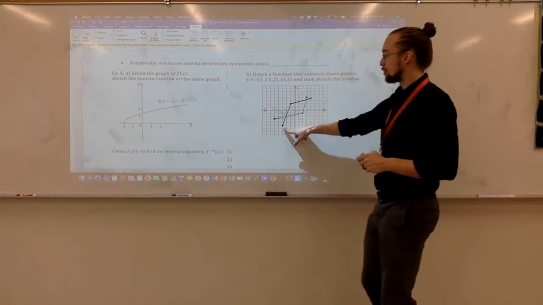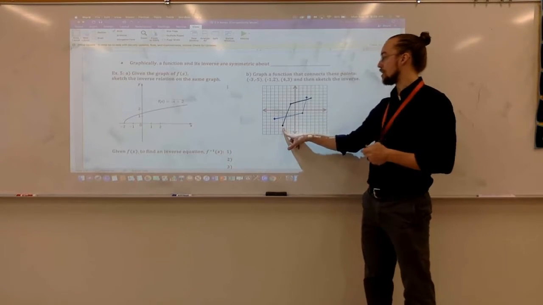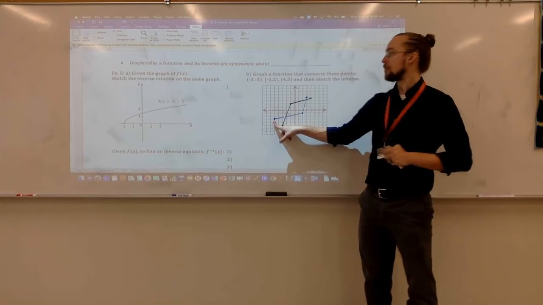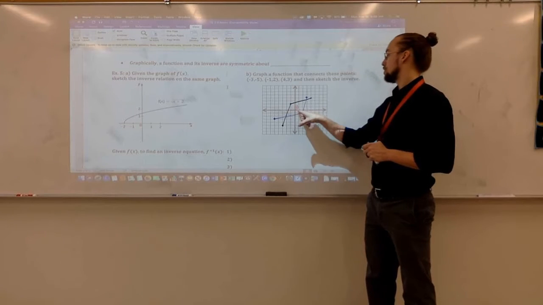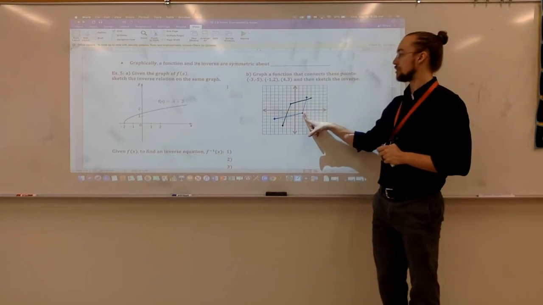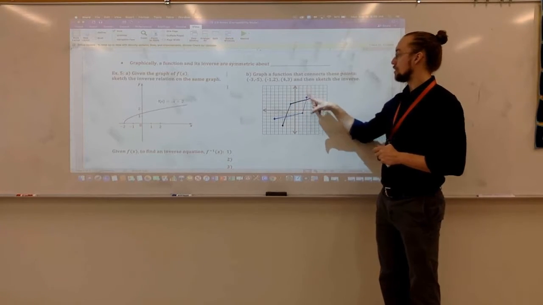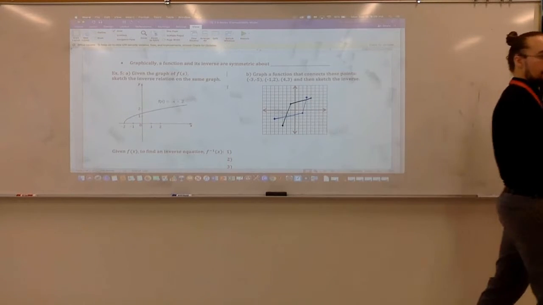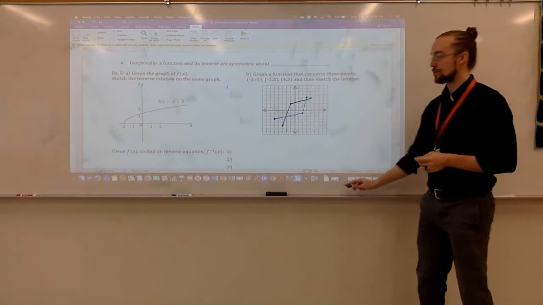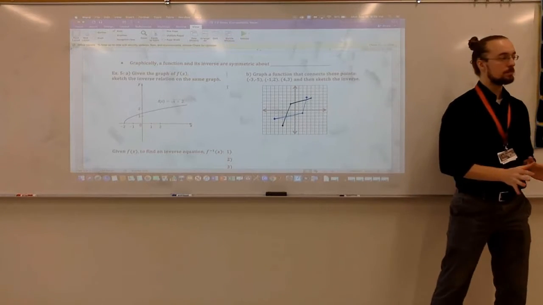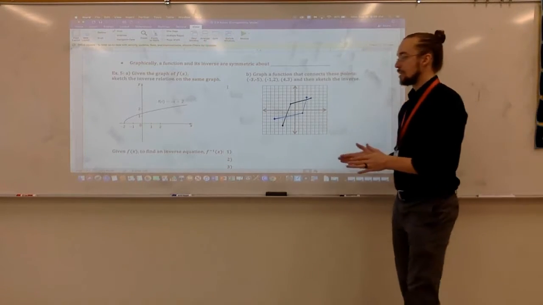So the original graph had (-3, -5). My inverse has (-5, -3). The original had (-1, 2). My inverse has (2, -1). The original had (4, 3). My inverse has (3, 4). Okay. So all I'm doing is switching the x and the y coordinates. Okay? You okay? All right.